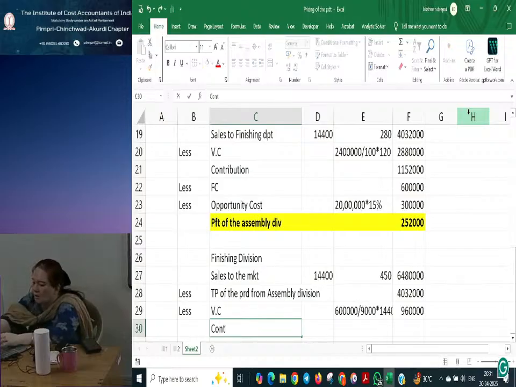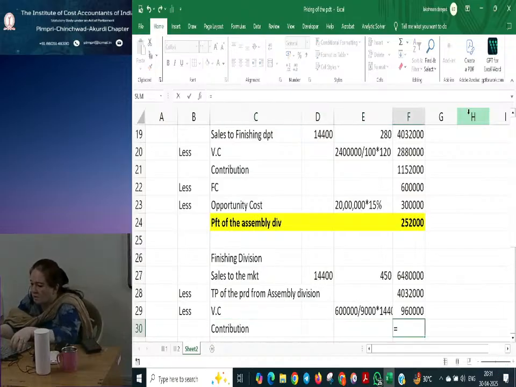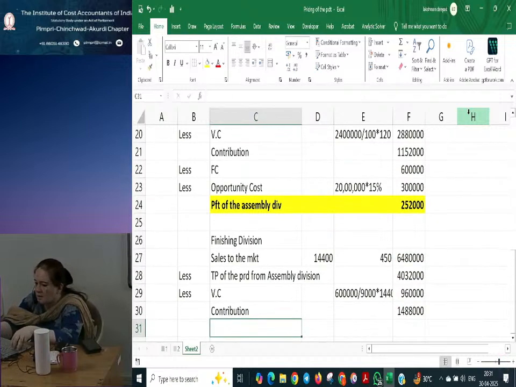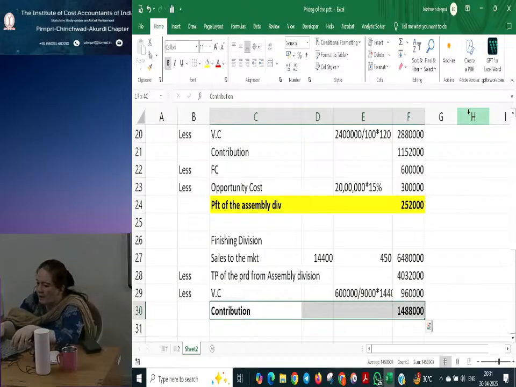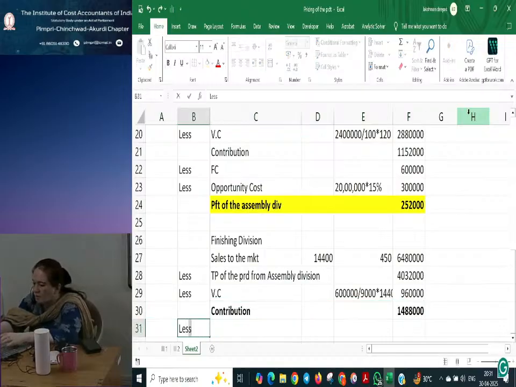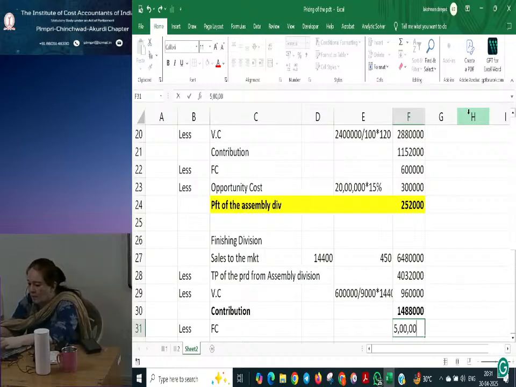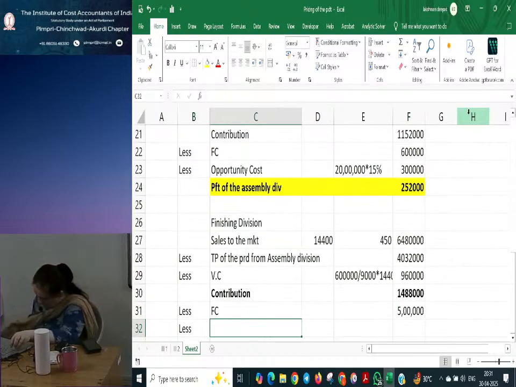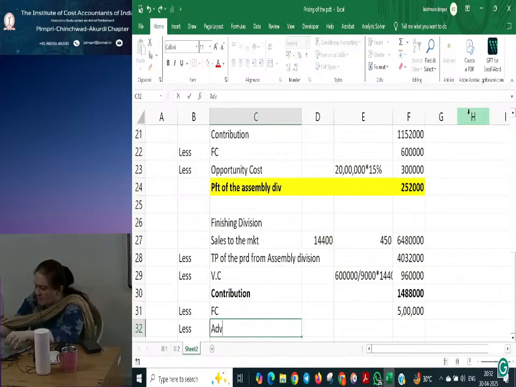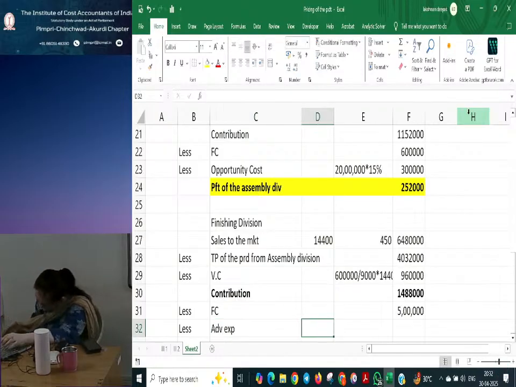So then comes the contribution. So it will be sales to the market minus their transfer price minus this one, which is 14,88,000. From there goes the fixed cost. So fixed cost is going to go up by 1 lakh, and advertisement expenses are going to go up because they are going to sell more products, which needs 4 lakhs.